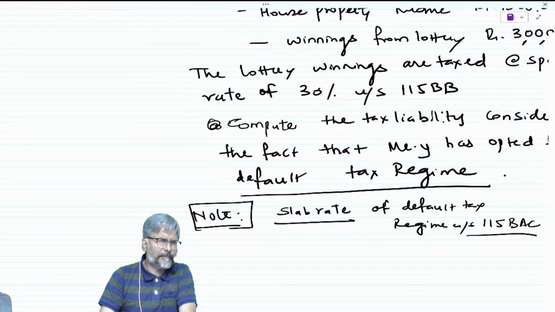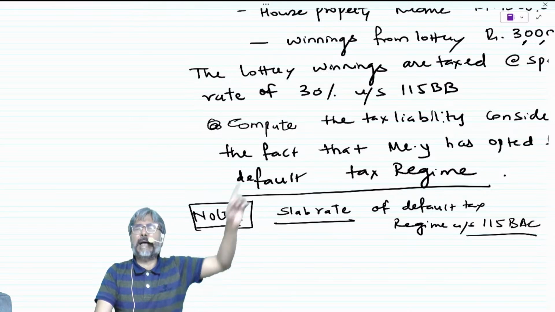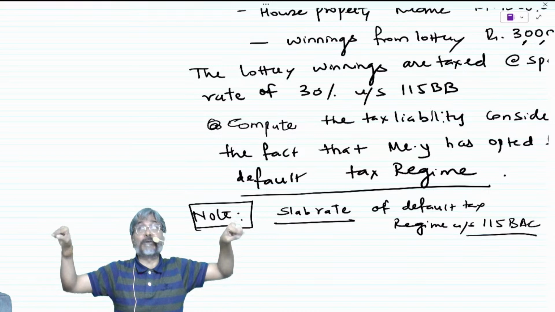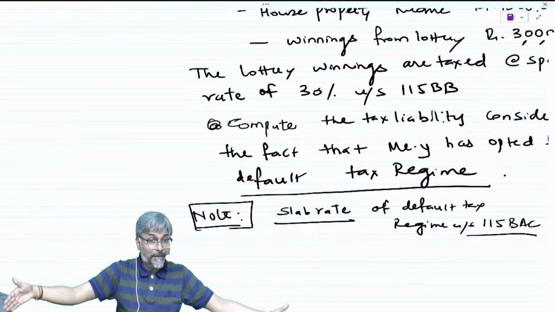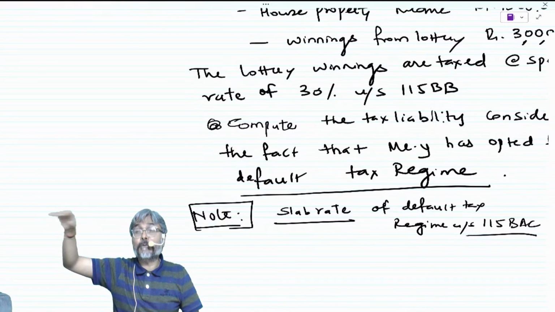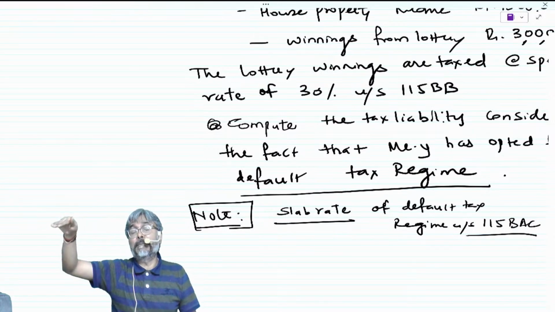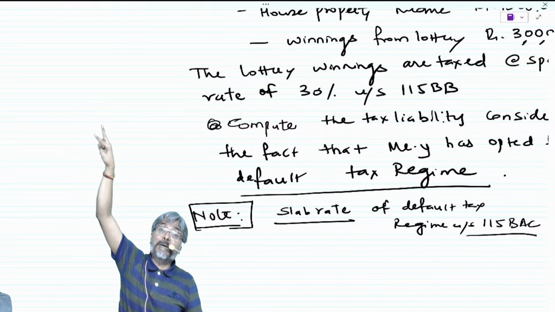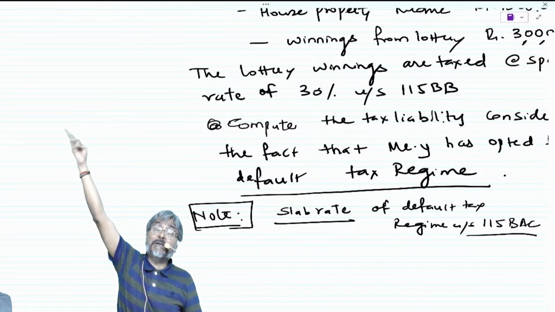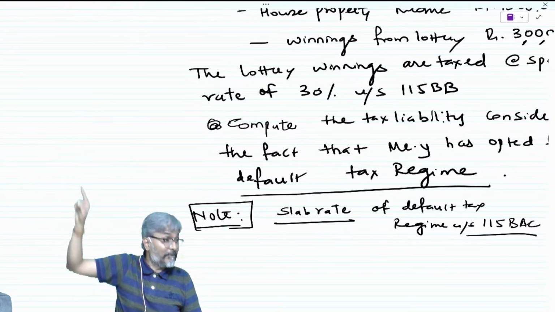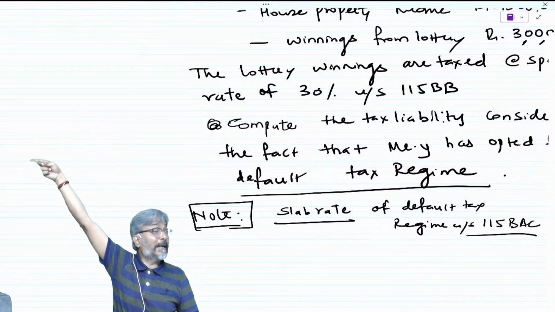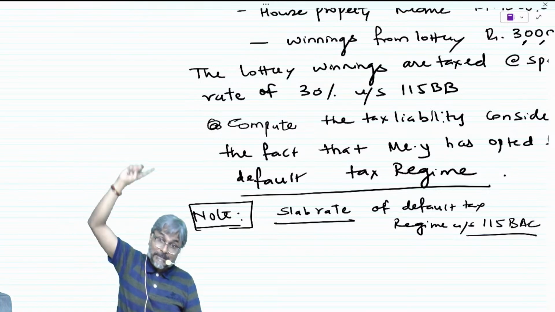What is slab? You already know the first slab. Up to 3 lakhs nil, that is the first slab, like building construction, first floor, first slab. Second floor, second slab, 3 lakh 1 to 6 lakhs 5%. The third slab, 6 lakhs 1 to 9 lakhs 10%.